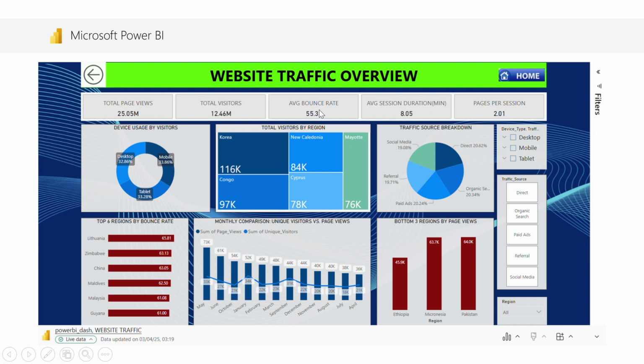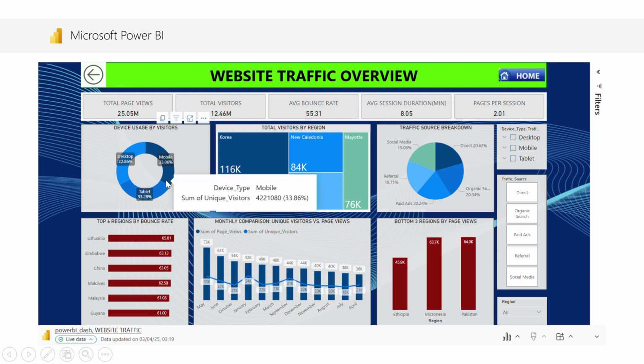Average bounce rate is for people who just view the first landing page and do not proceed to other pages. Average session duration is how much time a person spends on a particular page. Pages per session is 2.01.